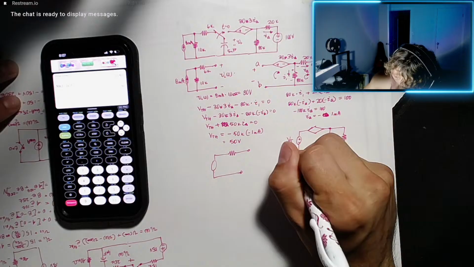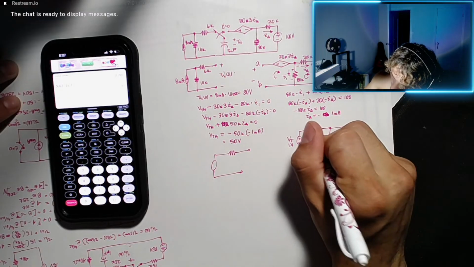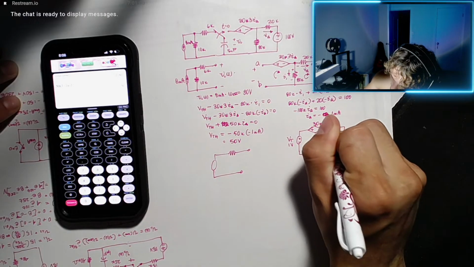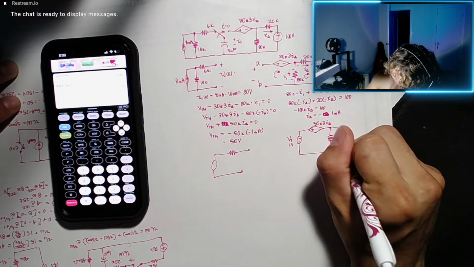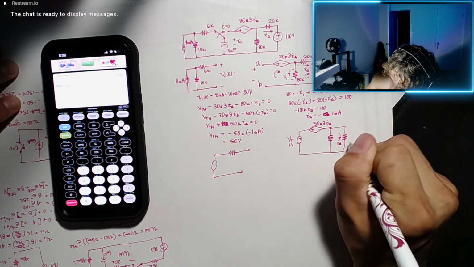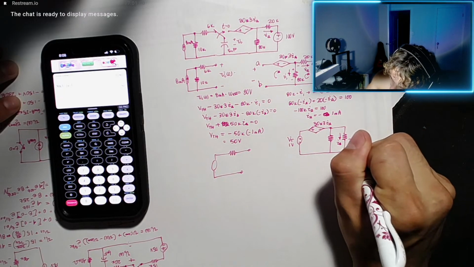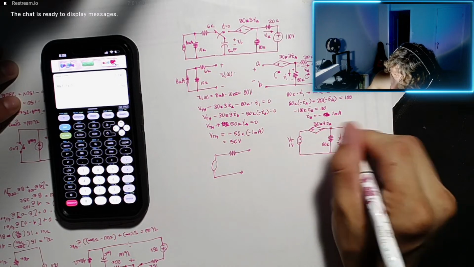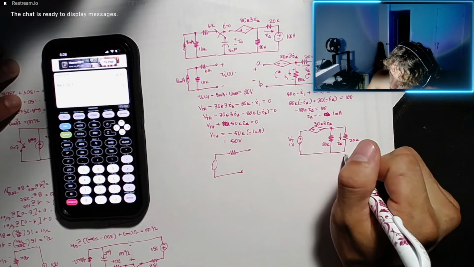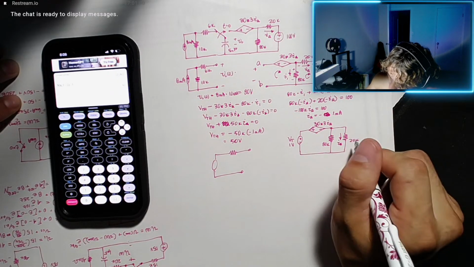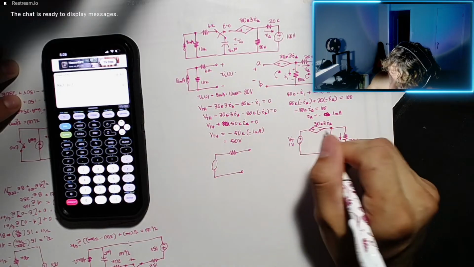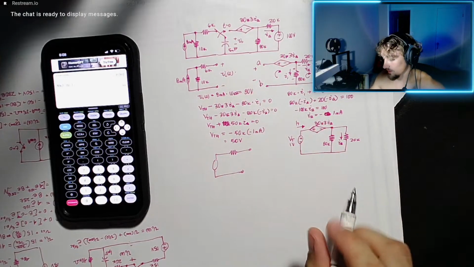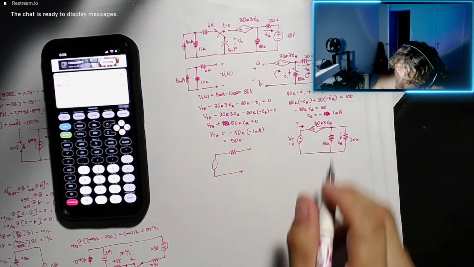So this is our V test and 1 volt. I want to know IT, and then VT divided by IT gives me my R Thevenin.